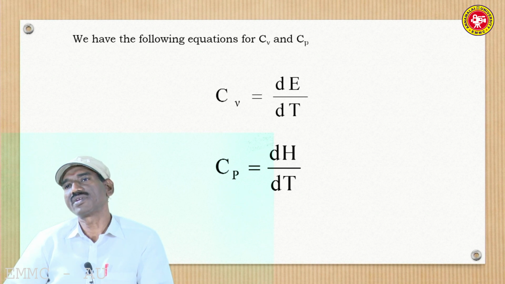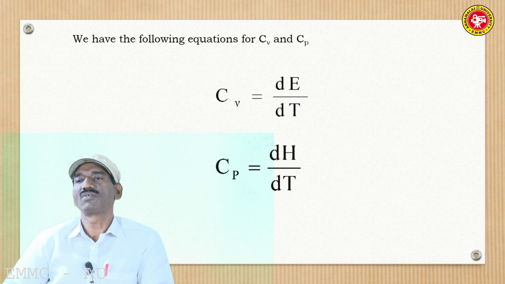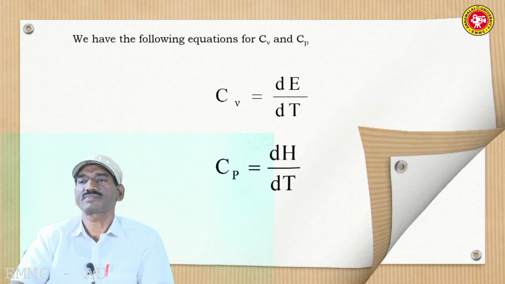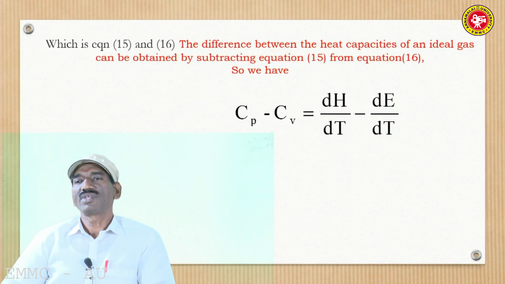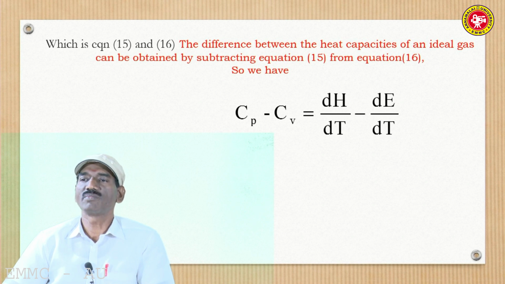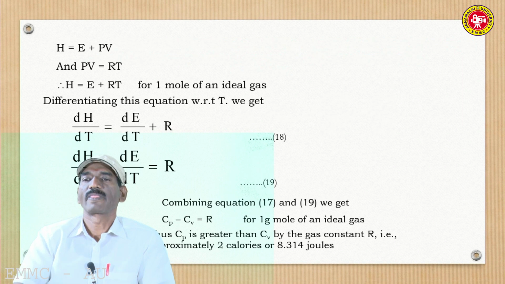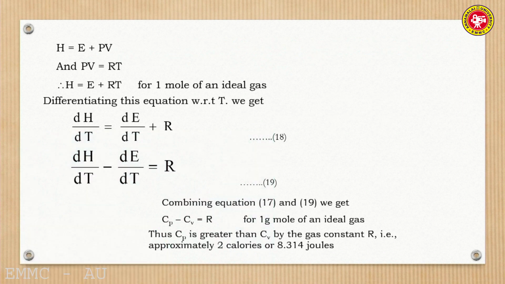We have the following equations for Cv and Cp: Cv = dE/dT and Cp = dH/dT. From equations 15 and 16, the difference between the heat capacities of an ideal gas can be obtained by subtracting equation 15 from equation 16. So we have Cp − Cv = dH/dT − dE/dT. We know the well-known equation in thermodynamics, H = E + PV. For 1 mole of an ideal gas, PV = RT.